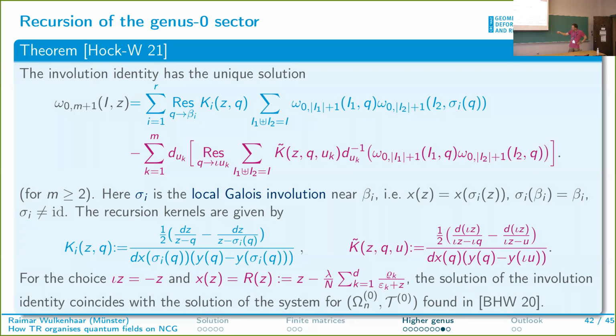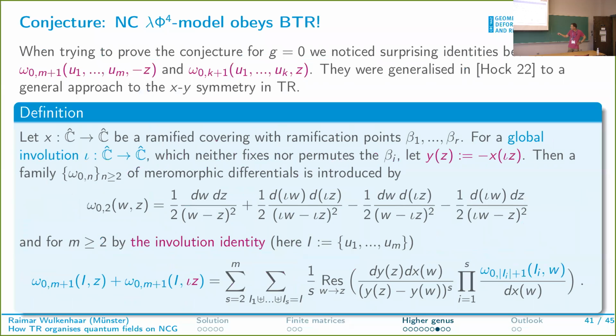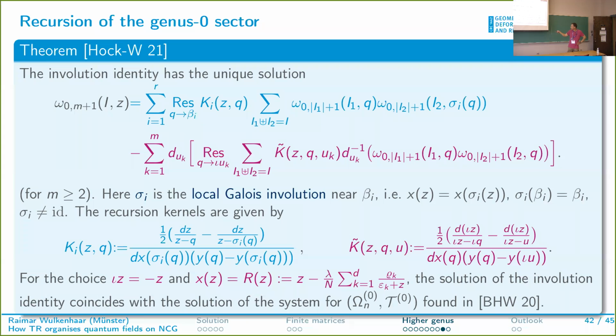So this definition is equivalent to, or has the solution given here. And if we now take a very natural choice, namely the reflection is just z goes to minus z, and we take for x our r of z, which we found in the two-point function, then these horrible equations, at least for genus 0, are equivalent to that system and therefore have the solution given here.